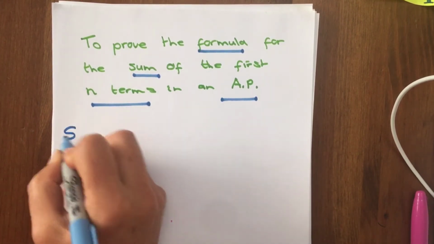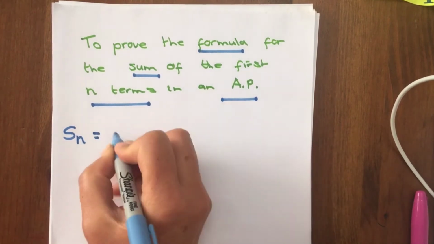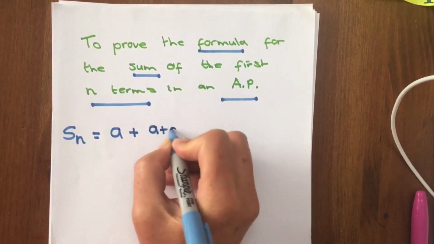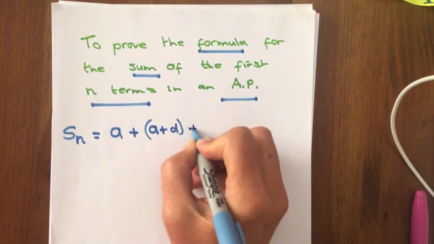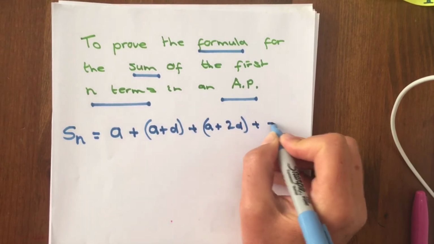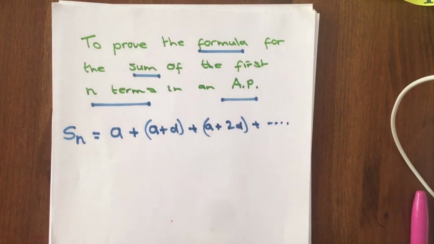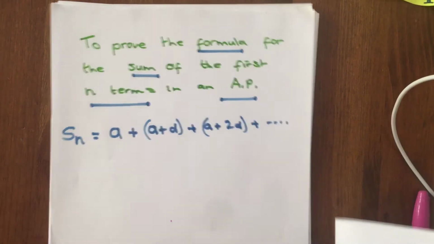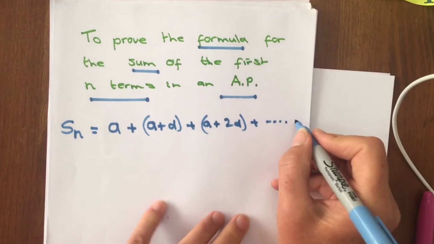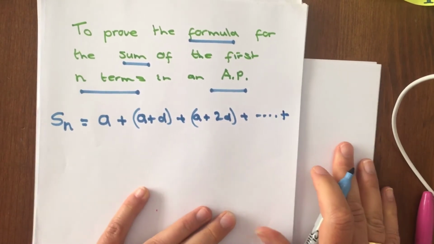So the sum of n terms is my first term plus my second term plus my third term plus all the way to my nth term.